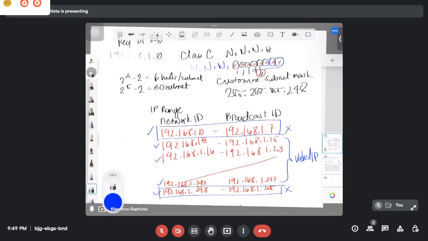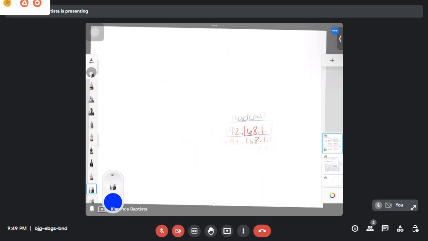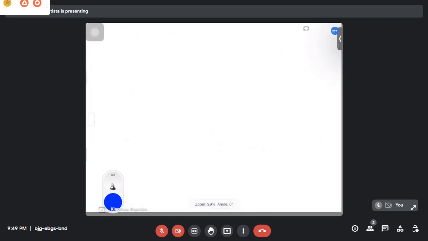Okay? So, isa pang example for the requirement of host, no? O mamaya na. Pag-usapan na muna natin si Cisco slash notation. So, the last one would be the Cisco slash notation. So, halimbawa, ano po ba yung Cisco slash notation?